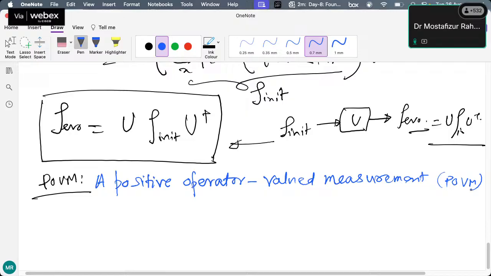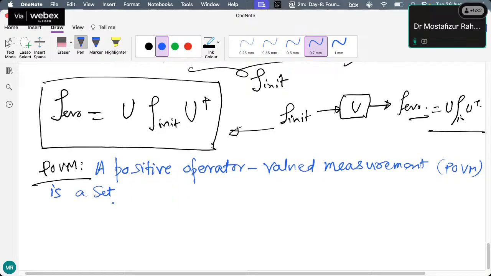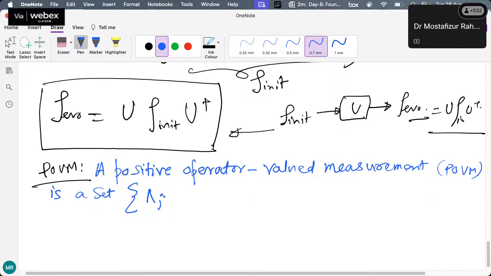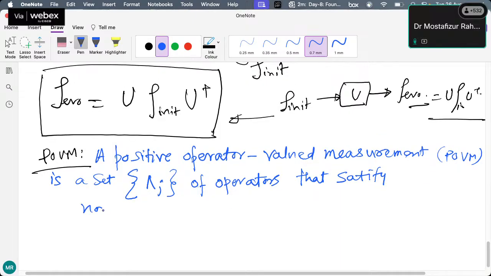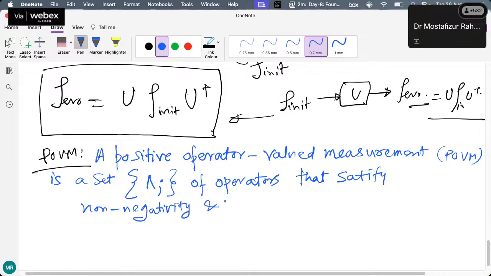A positive operator valued measurement, POVM, is a set of operators that satisfies non-negativity and completeness properties.